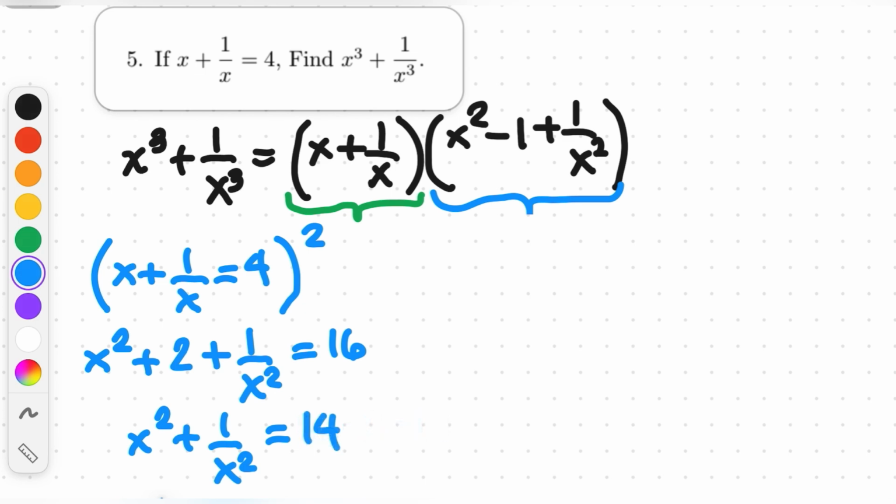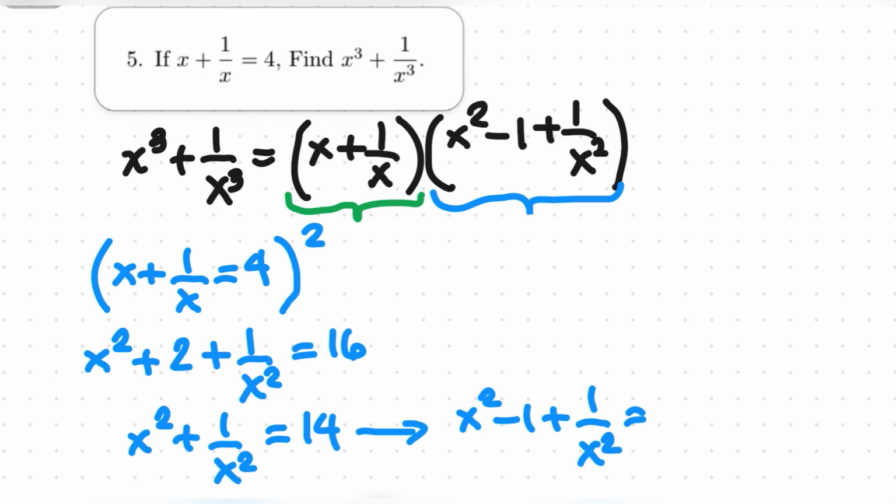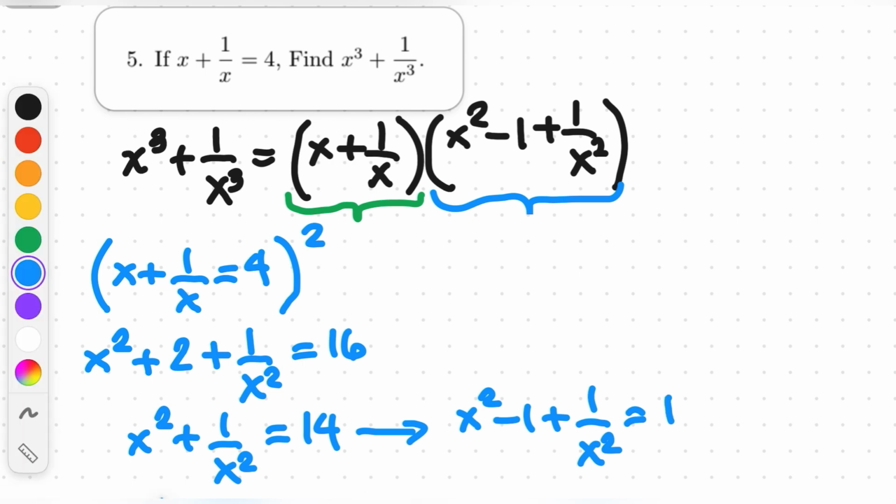But in the trinomial factor that we are looking for, we have x squared minus 1 plus 1 over x squared. So to get that, we simply subtract 1 on both sides of this result. So now we have x squared minus 1 plus 1 over x squared equals 14 minus 1, or 13.